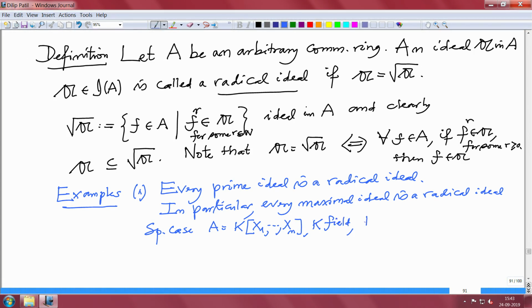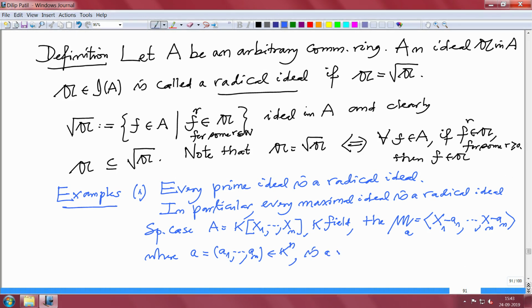Then this ideal M_a, which is the ideal generated by x1 minus a1, ..., xn minus an, where a equals (a1, ..., an) in k^n, is a radical ideal. Because we saw these ideals are maximal ideals, and therefore they are prime ideals, therefore they are radical ideals.